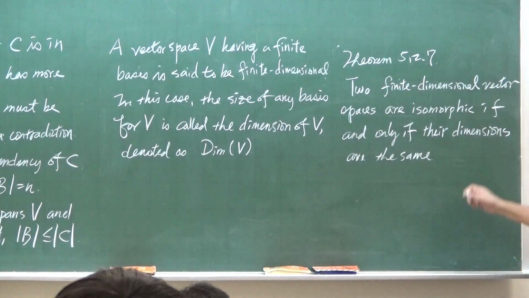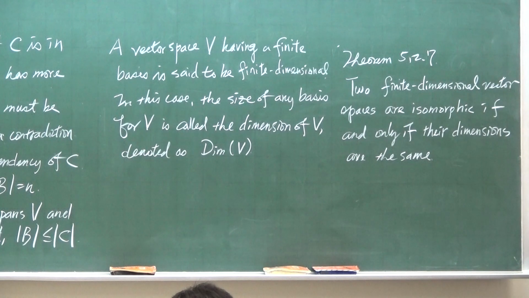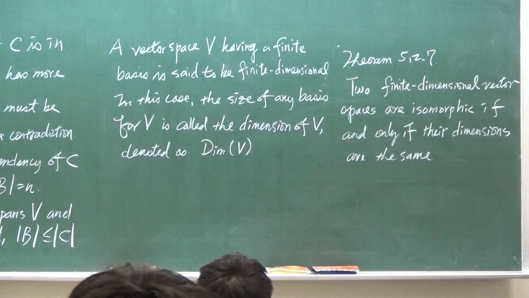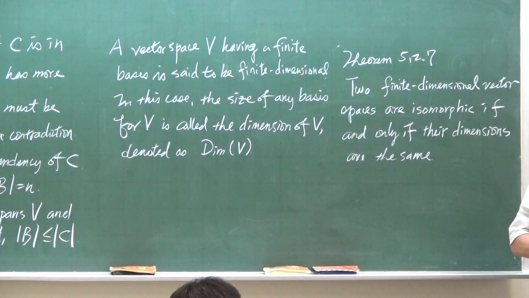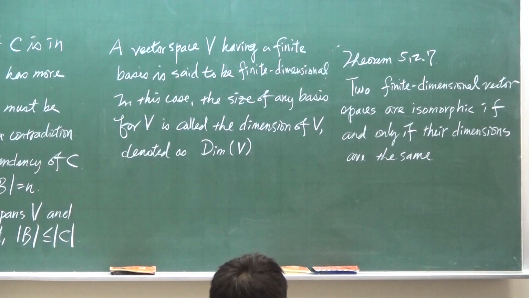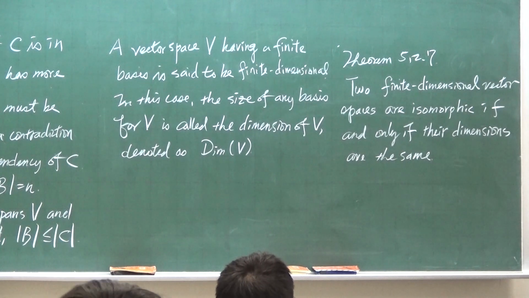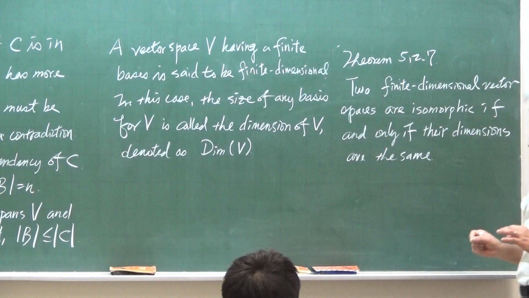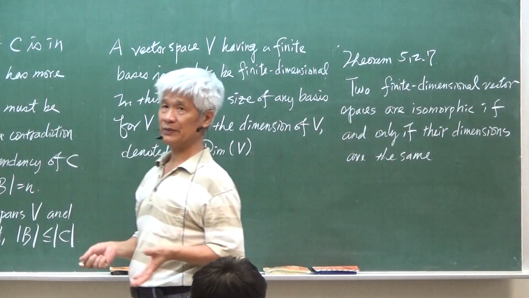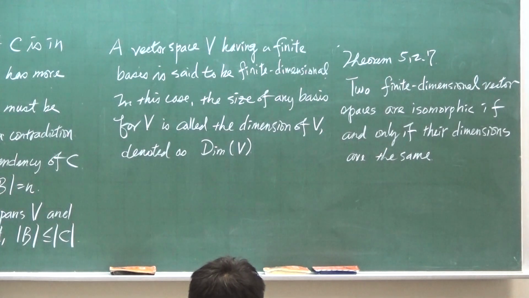So now it's easy to justify whether two finite dimensional vector spaces are isomorphic to each other. The if and only if condition is that their dimensions are the same. So if two finite dimensional vector spaces have the same dimension, then they are isomorphic. If they have different dimensions, then they are not isomorphic.